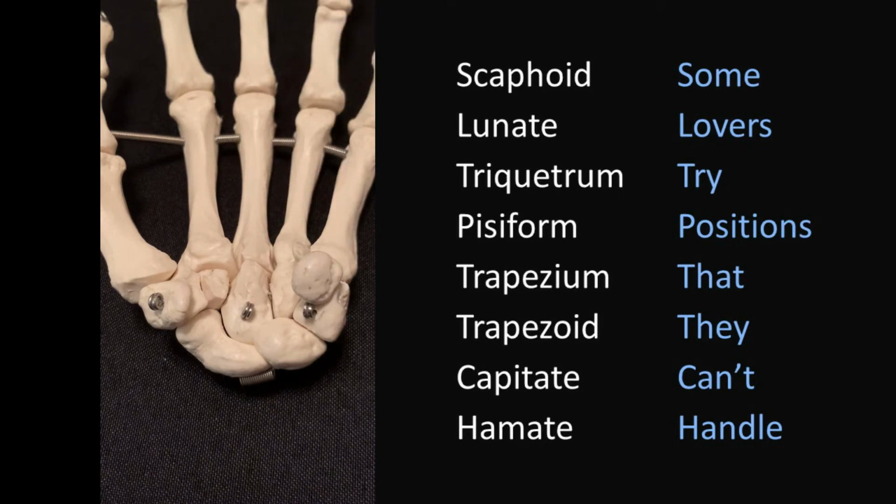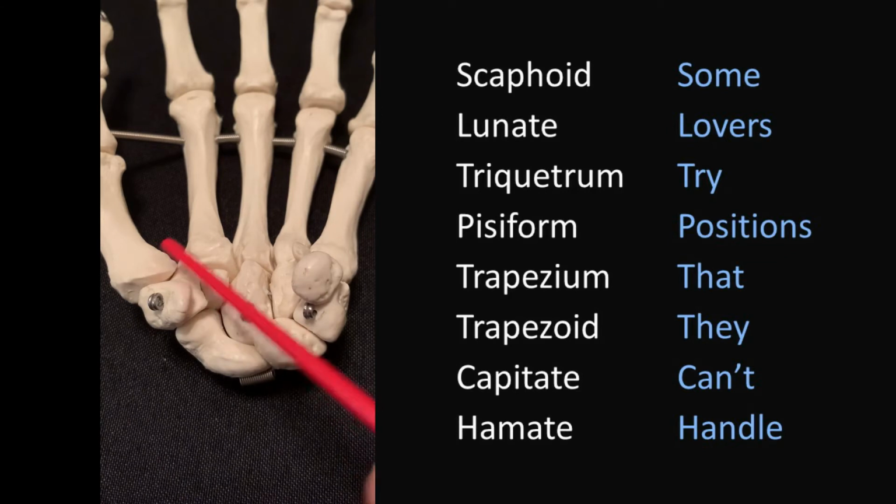Personally, I prefer the second mnemonic, not necessarily because of the humor involved, but because of a few extra tricks in there. So you'll notice that there are 3 bones in here that we've talked about that all start with T. So that often causes trouble for mnemonics when words have the same starting letter. But in this case, this gives you an easy way to distinguish between them. So first of all, trapezium rhymes with thumb.